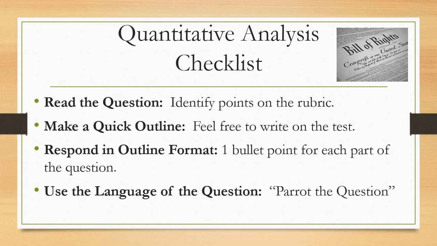Some teachers call it different things, but I call it parrot the question. A parrot is a bird that repeats. So even though it is annoying, Eagles, I know it's annoying, but I want you to be a parrot when you write these. I want you to restate the prompt or use the language of the question in your answer. And again, I'll show you how I'd like this to look.